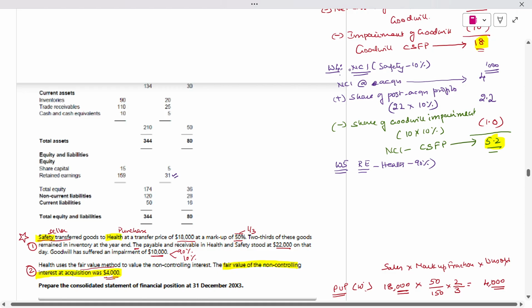What is the retained earnings? How much is given here? Retained earnings, how much is there? $159. Okay. Now in 159, we have to add a share of post-acquisition profits.